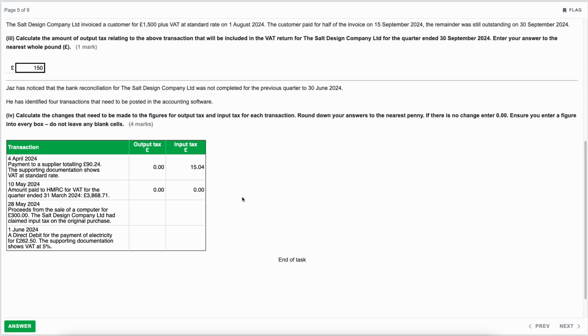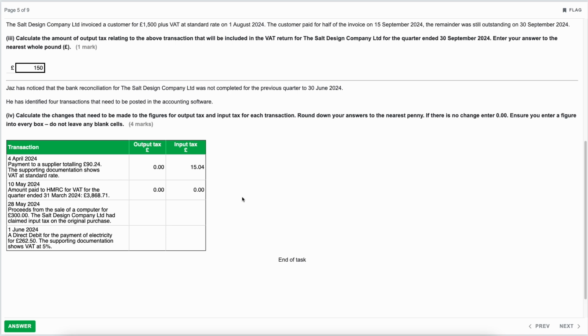Now the third one, on the 28th of May 2024, proceeds from the sale of a computer for £300. The Salt Design Company Limited had claimed input tax on the original purchase. Now, if they've claimed input tax on the original purchase and they've sold it, they would also need to include VAT on that item. So what we would do for this is, because the item is being sold for £300, that would be the gross amount, because it says proceeds, so that's what was actually received.